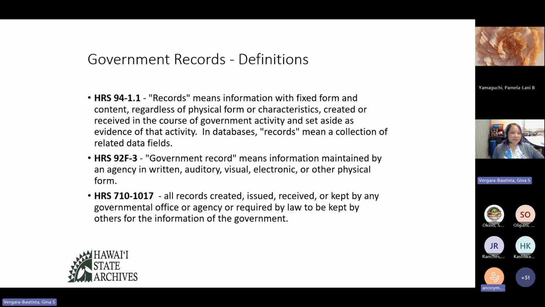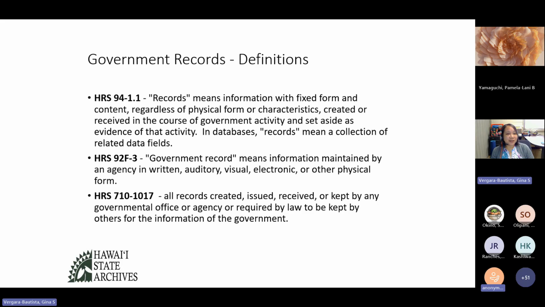HRS 92F3 is from OIP, Office of Information Practices. And their definition says government record means information maintained by an agency in written, auditory, visual, electronic, and other physical forms. The final one has to do with public administration, and it's actually having to do with protection of records.